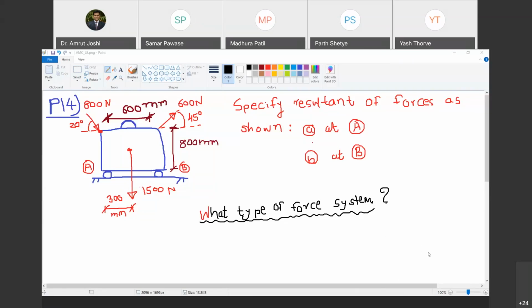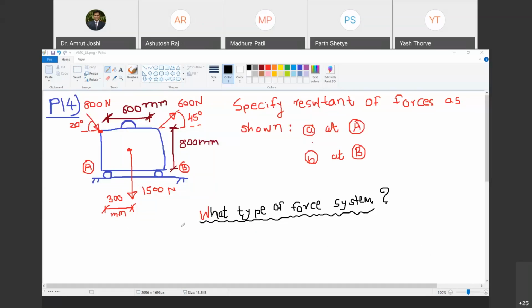So now Ashutosh, keep yourself unmuted for some time. Can you? Ashutosh? Ashutosh Raj?